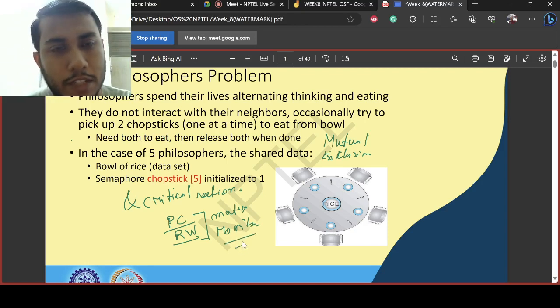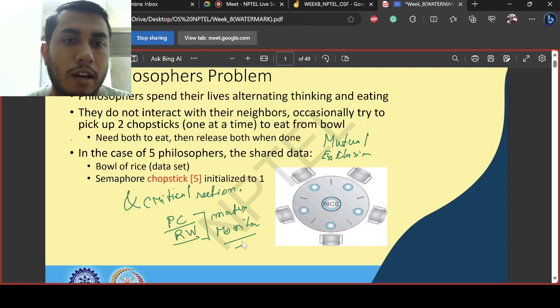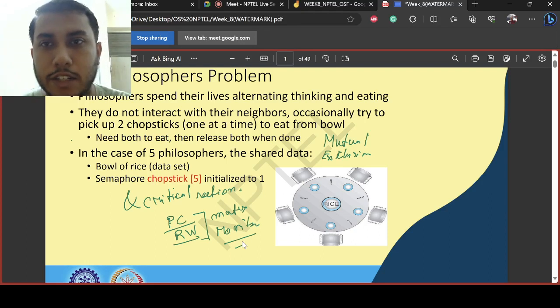For the critical section problem, mutual exclusion should be provided. As a result, only one process can enter the critical section at a time.